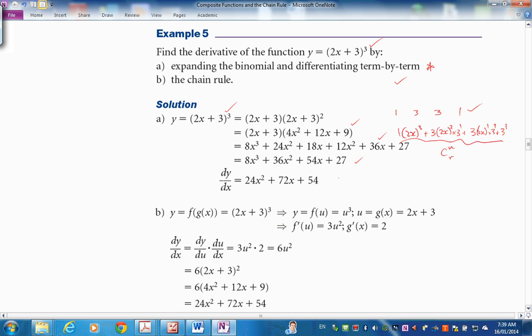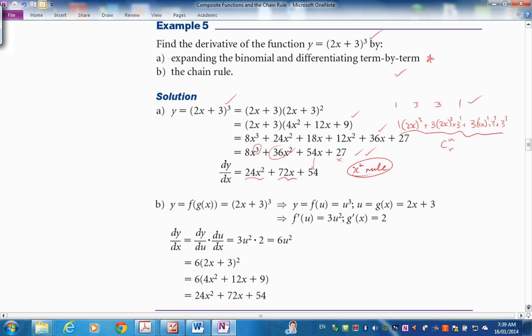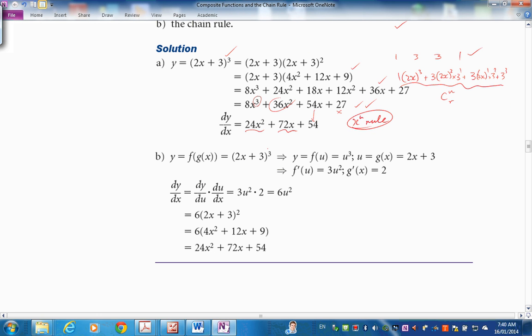Okay, and you would end up with this, and then differentiating it, you'd use repeated x to the n rules here. A long way of doing it now. Okay, so it's 3 by 8, 24x squared, 2 by 36, 72x, derivative of that, and the derivative of this is 0. Okay, let's see what the chain rule offers us for this one now. So here, just taking it as it stands, what are the functions?